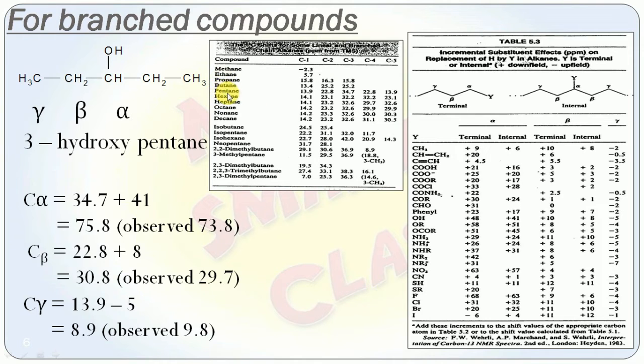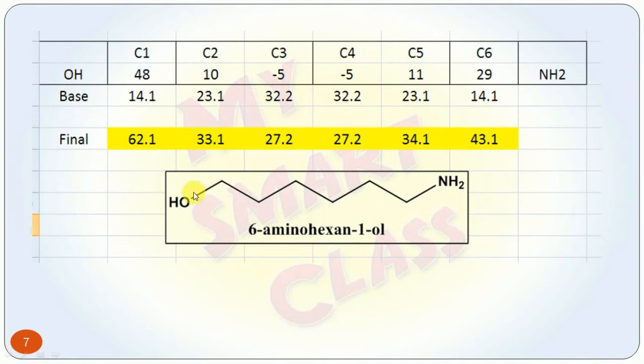All these base values are given for different organic compounds, and this table is for the shift parameter or effect of groups like methyl, COCl, CONH2, OR, OH. All groups are given, and this is the effect of the group. If the group is at a terminal, alpha terminal, then this value should be taken in mind: alpha internal, beta terminal, beta internal, and gamma.